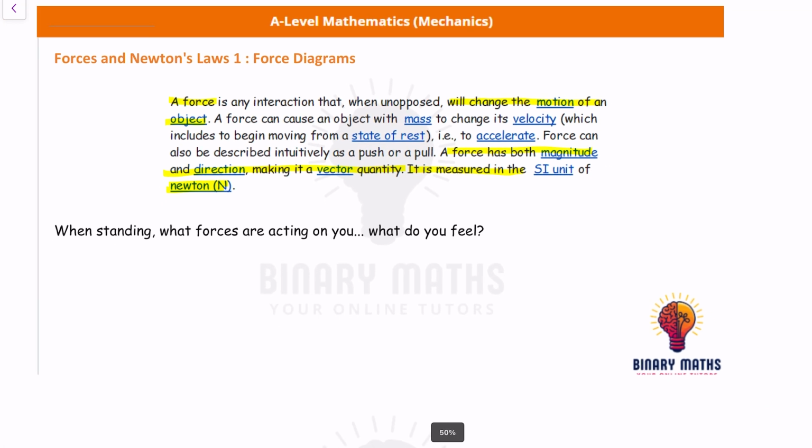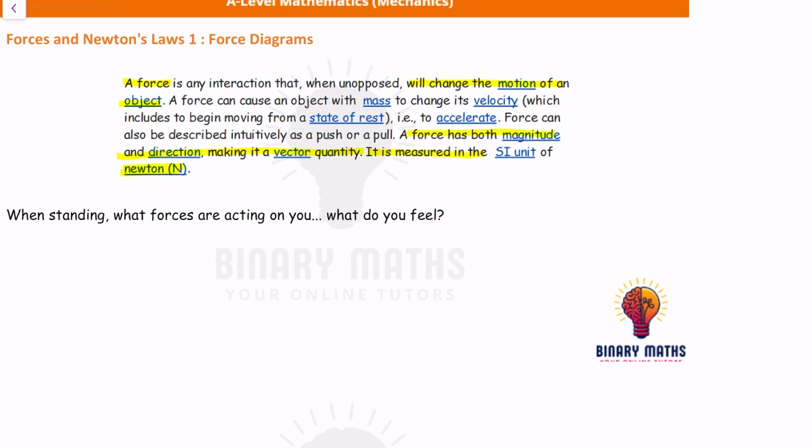Okay, when standing, what forces are acting on you and what do you feel? If you're standing up, then obviously you can feel the floor pushing up on you. Now, is this the only force acting on you? No, because if it was, you'd be hurtling upwards, but you're not.